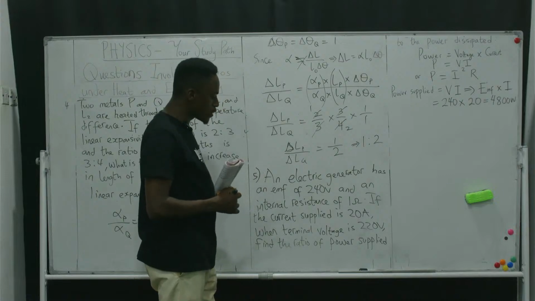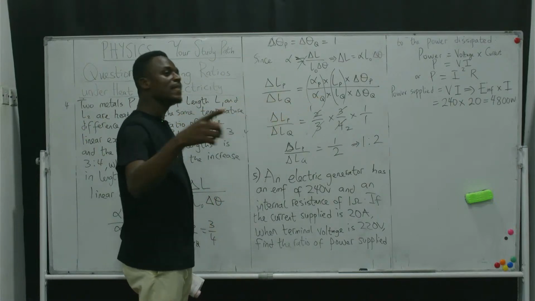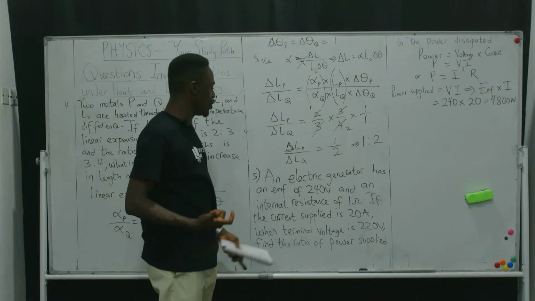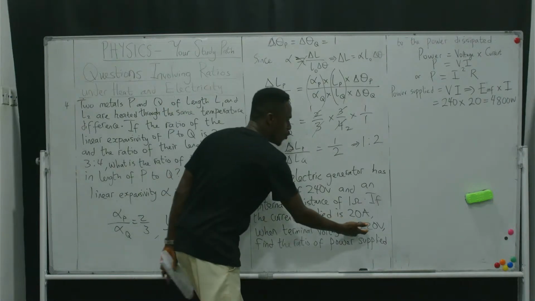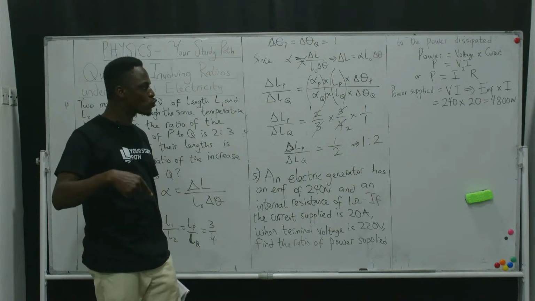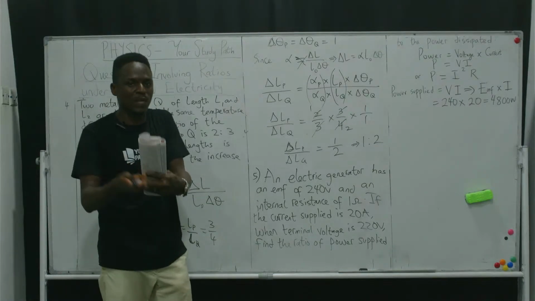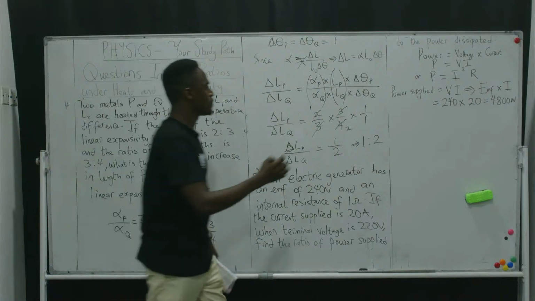Here now, note, although 240 volts was supplied, the working voltage is no longer 240. It is now what? 220. There's a reduction in the voltage due to what? Some losses. And that's why they are saying power dissipated. The power wasted.